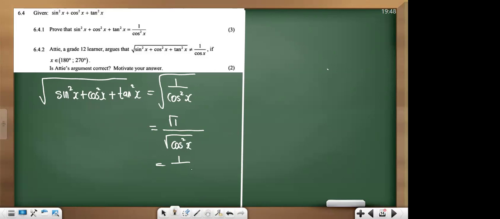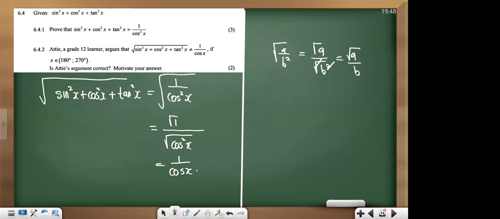I think that's equal. Because if I say square root of a over b squared, it's like square root of a over square root of b squared. This and this, they will take care of each other.